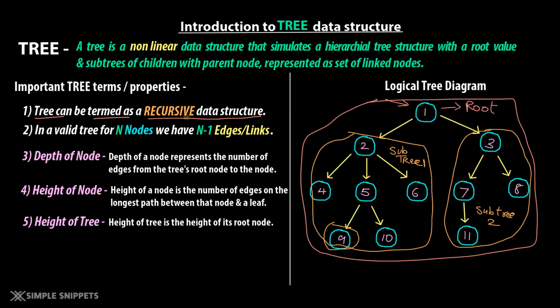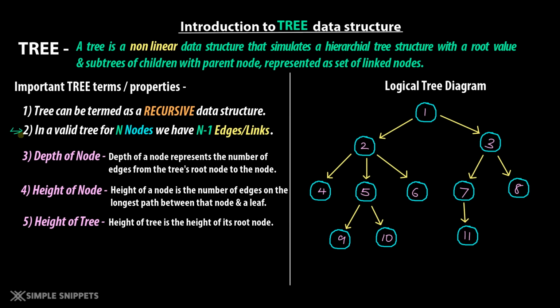This is the recursive behavior of the tree data structure, which means you can divide the entire tree into smaller subtrees over and over till you reach a single unit, that is the node of the tree. Hence a tree can be termed as a recursive data structure. This recursive property is something we will use in the implementation side also. Recursive in this context simply means that a tree data structure can be divided into smaller subtree data structures recursively till you reach a single entity, that is the node.